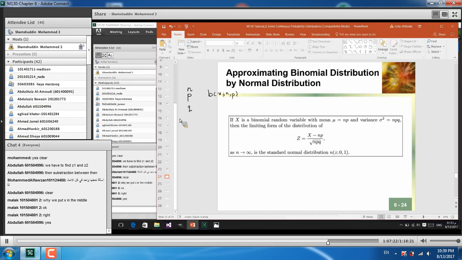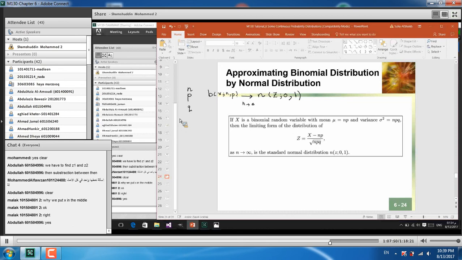Okay, this can be approximated with the normal distribution. The normal distribution is with z and mean 0, standard normal distribution actually, and variance 1. Okay, so we change this to this, and this should happen when n is very big. The binomial can change to a standard normal distribution when n is very big.